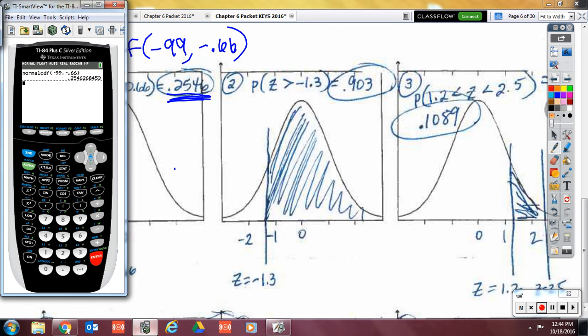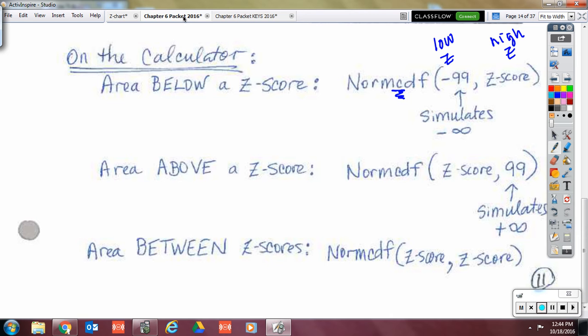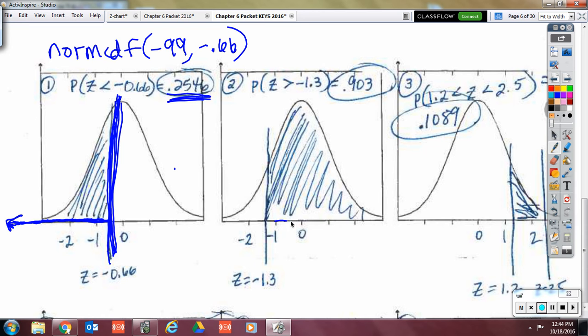Nice. Okay, well then let's try this next one. This is a situation where we are going above a particular z-score. So the lower bound that we're going to be putting into the calculator is this z-score of negative 1.3. The upper bound that we're going to be putting into the calculator is what? Positive infinity. We are simulating positive infinity by going 99 standard deviations out.